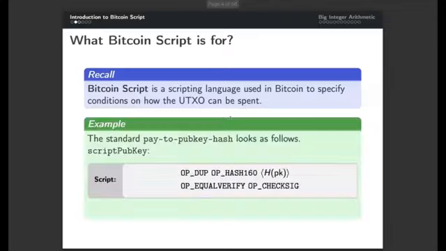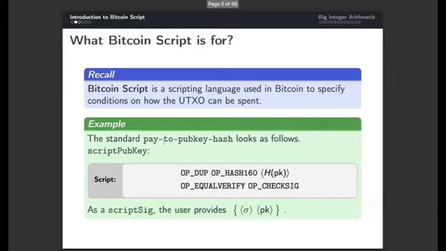Probably the most popular example of Bitcoin Script is the so-called pay-to-pubkey-hash. When you specify the conditions for UTXOs, you have two parts. The first part is the scriptPubKey, which is the condition that specifies how you can spend the UTXO.